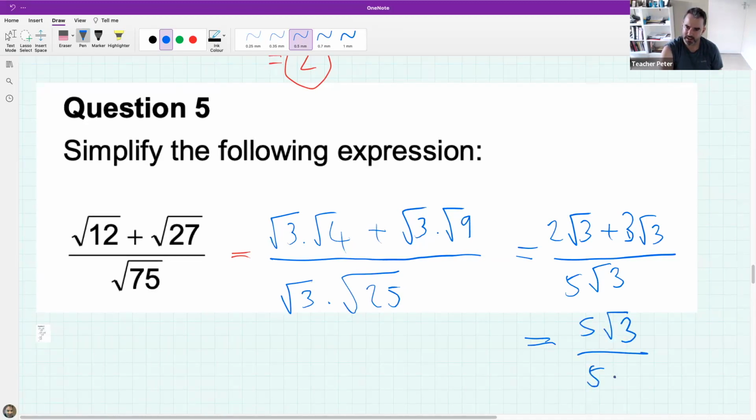So I get 5 root 3 over 5 root 3, which the 5s cancel, the root 3s cancel, and so I get left with a 1.